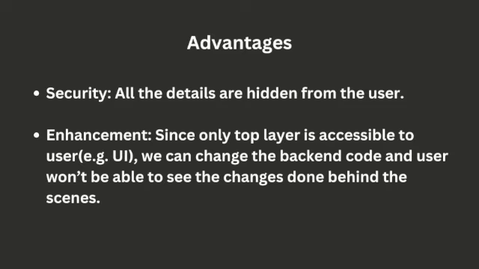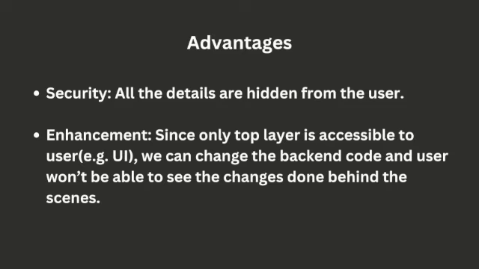So for example, we have a front end and we have a back end. Let's say our front end is already set to React, and behind the scenes earlier we were using Node.js, and now we want to change our backend code from Node.js to Java or Python. We can do that behind the scenes. The user will just get the UI as it is.